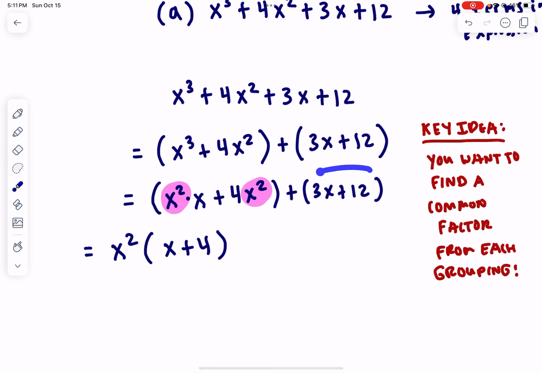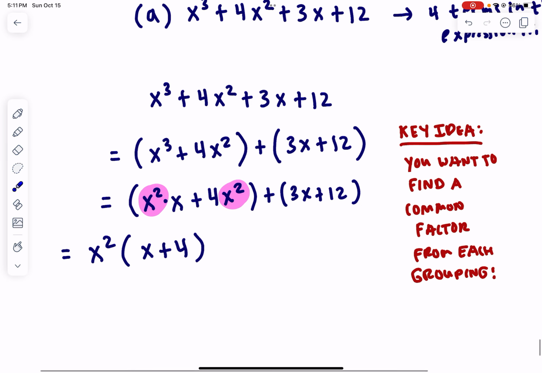Now let's go ahead and focus on the other grouping right here. Notice that these terms do not share an x with each other, so we can't really factor out anything with a variable, but we can definitely factor out a number that they share in common. So here we can factor out the 3 from this grouping. You get plus 3 parentheses.